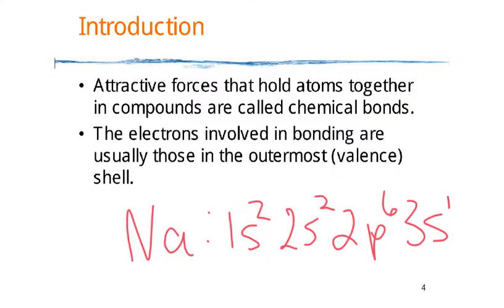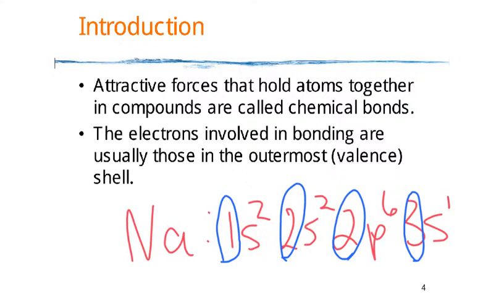When I say valence shell, I mean the outermost shell, which is the one furthest from the nucleus, and it's this number here that tells you the size of the shell. So for sodium, the valence shell is the n equals 3 shell, because that's the shell furthest from the nucleus. So there's only one electron in the valence shell for sodium.